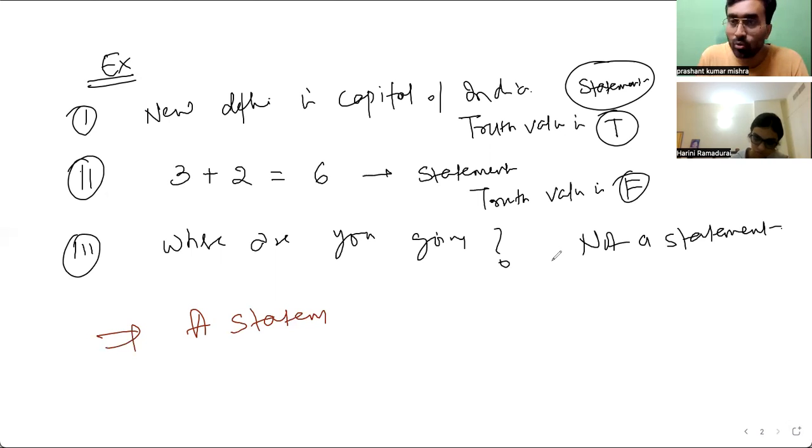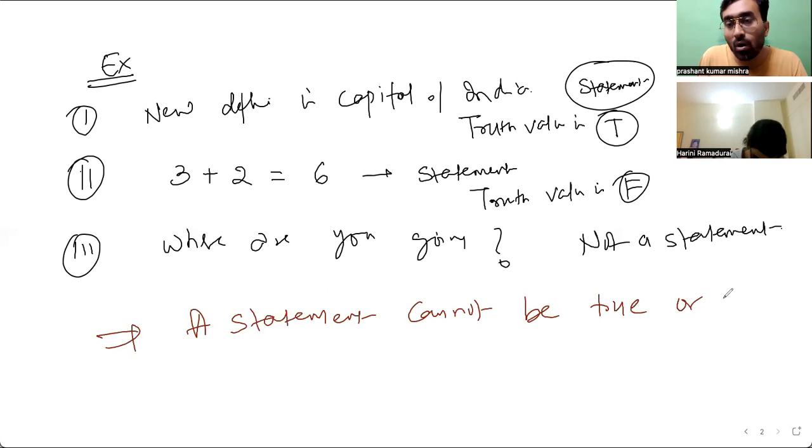It's not a statement, so no truth value for this. Only the truth value is defined for a statement. So if it's not a statement, no truth value. So a statement cannot be true or false at a time.